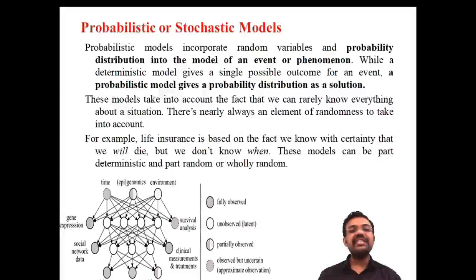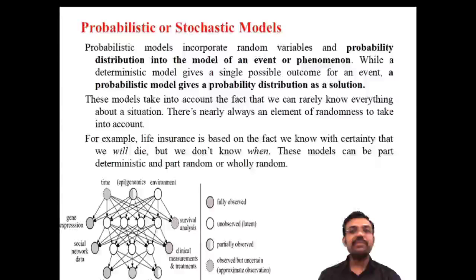Another one is the probabilistic or stochastic model, which is just the reverse of the deterministic model. There is a possibility of uncertainty. The probabilistic or stochastic model gives importance to probability and probability distributions. We are familiar with the term probability from your QT classes, that means the chance of occurrence of an event.